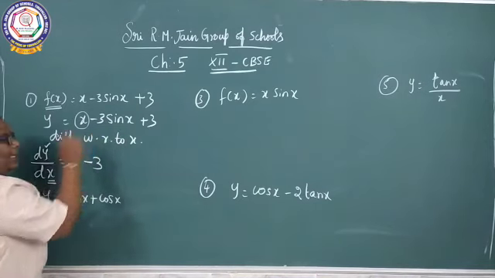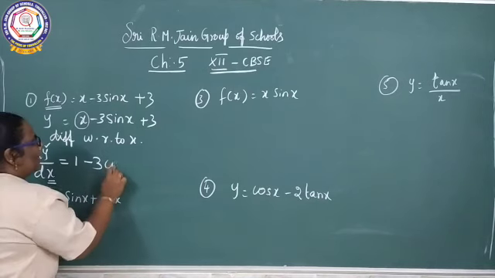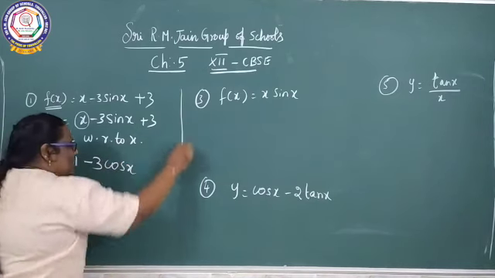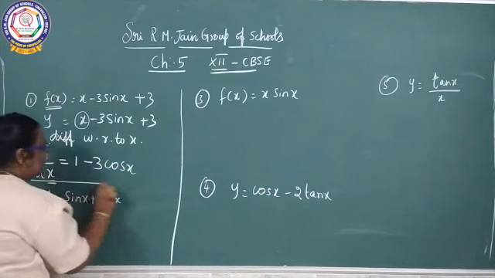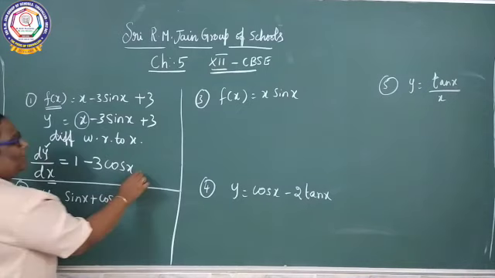What is the differentiation of sin x? Cos x. So minus 3 cos x. Plus 3 is nothing but a constant, which becomes 0.